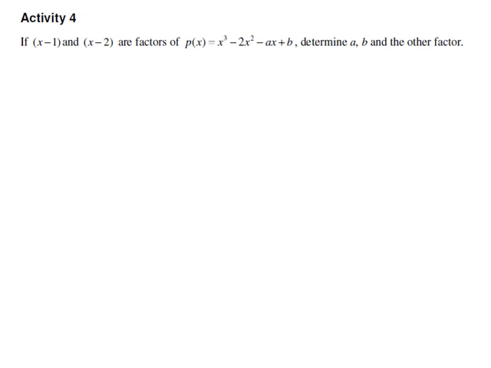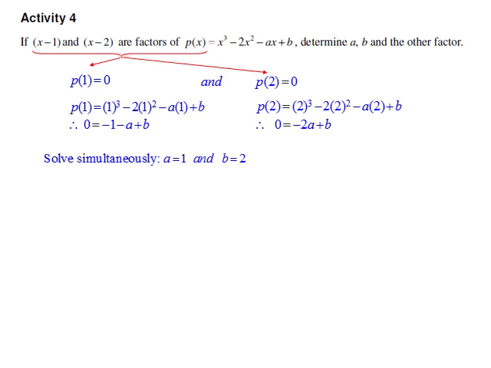In activity 4, we are told that x minus 1 and x minus 2 are factors of p(x), and we're asked to determine a and b and the other factor. I'm not going to do this question in detail, but we'll just take a quick look at how it's done. If x minus 1 and x minus 2 are factors of p(x), then we can make two deductions: p(1) is 0 and p(2) is 0.